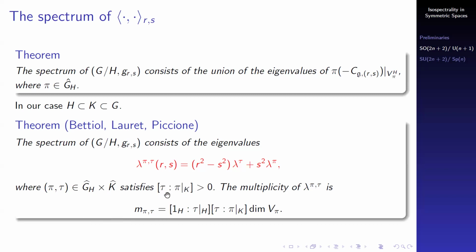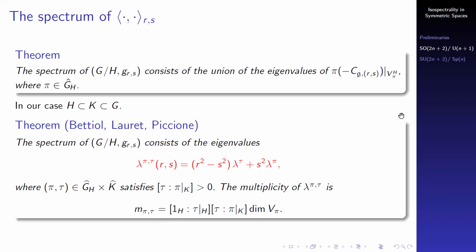So tau has to be an irreducible representation that appears in the decomposition of pi restricted to K. Remember, this number when tau is irreducible counts how many times tau appears in the decomposition. And we also have a formula for the multiplicity in which this eigenvalue appears.